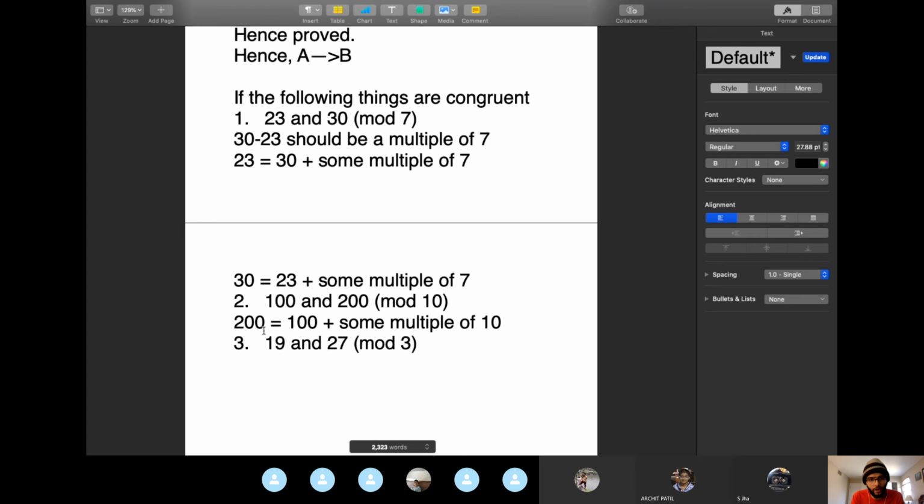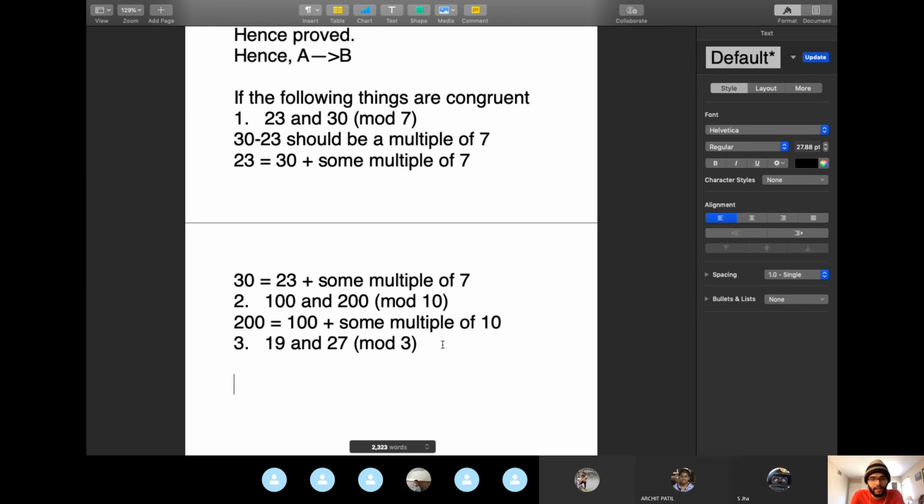So if two numbers are congruent to each other, you can write them like this, where one number is the sum of the other number plus some multiple. I hope this is intuitive, because if you add a number which is not a multiple, then the modulus will change, the remainder will change. If this is a multiple of 10 and we want to keep a number which is a multiple of 10, the only way we can do it is by adding some other multiple of 10.